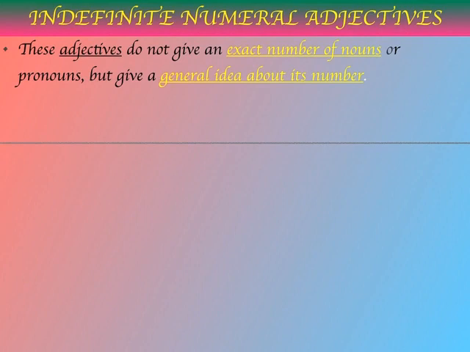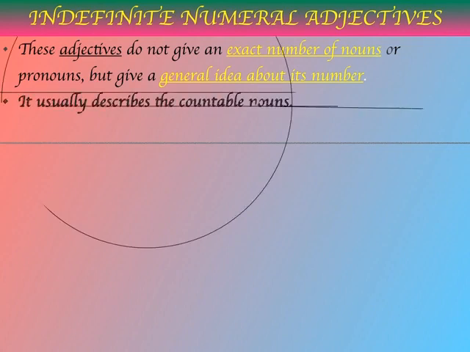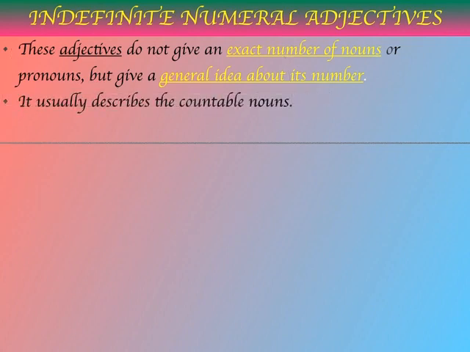So students, indefinite numeral adjectives are similar to definite ones, but the only difference is they do not give an exact number, like a cardinal or ordinal. They give you a general idea about the number of nouns. And also remember that they describe countable nouns only. So indefinite numeral adjectives are used with countable nouns only.